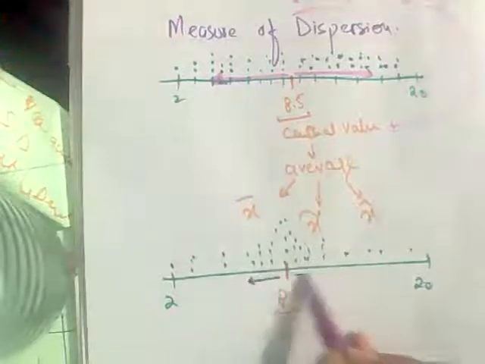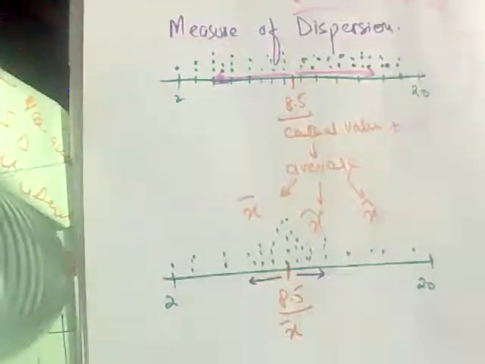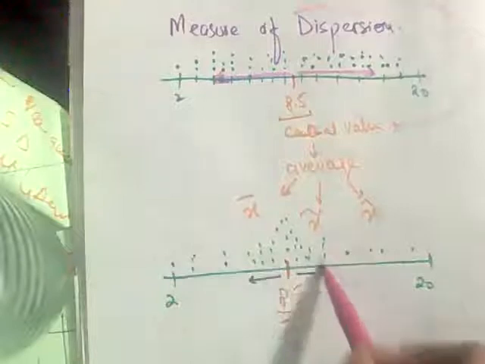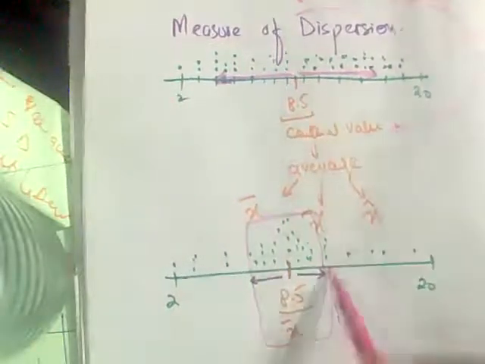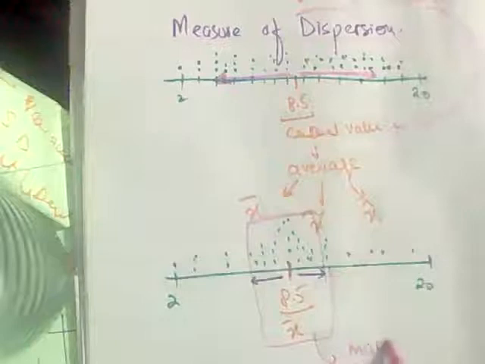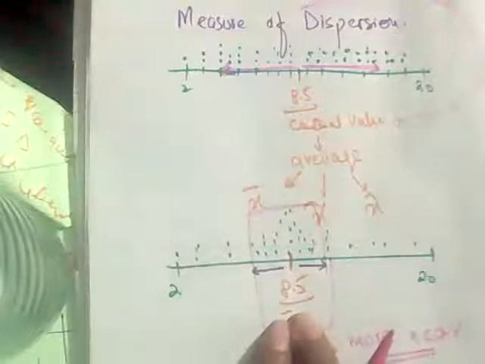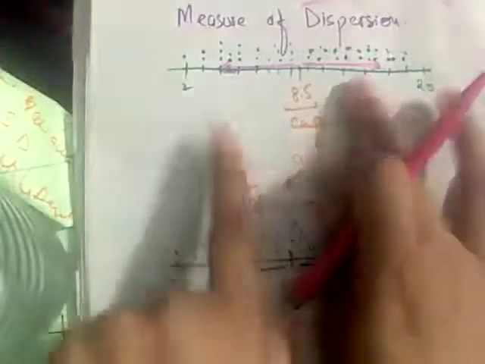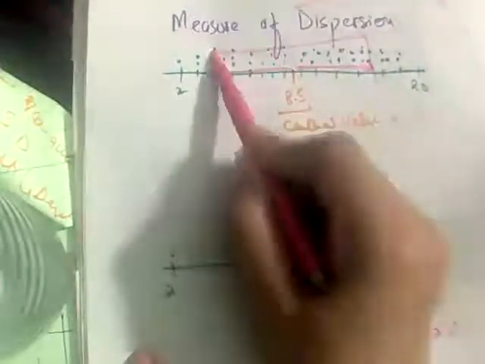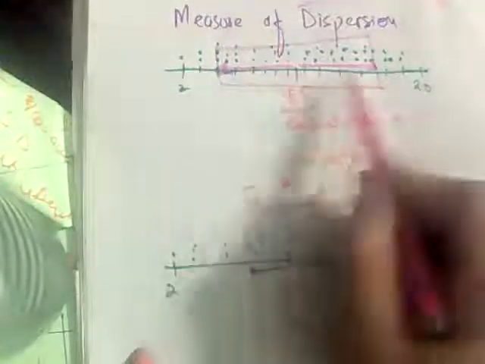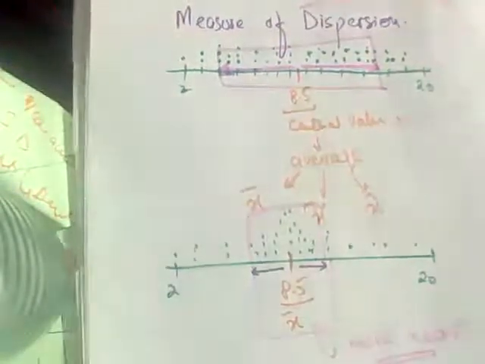Dispersion of data is from here till here. So the accumulation of data is more near to the central value as compared to this case where it is spread quite far away from the central value. So this is the concept of this topic, dispersion, which tells you how far away the majority of the data is from the central value.